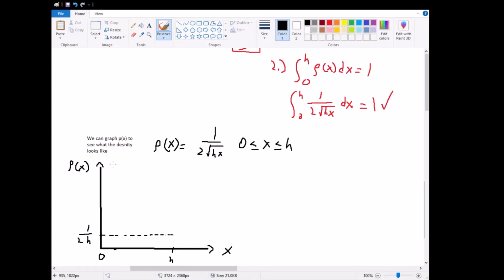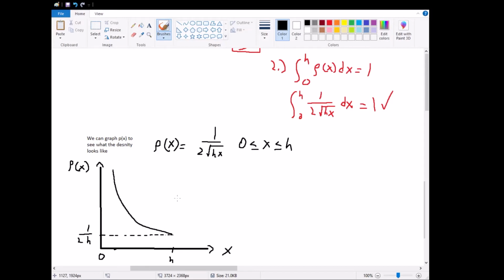The resulting graph looks something like this. So evidently, there is a higher chance of finding our rock at any given random photograph to be closer to the top of the cliff compared to the bottom of the cliff.